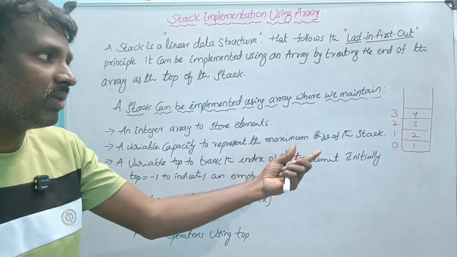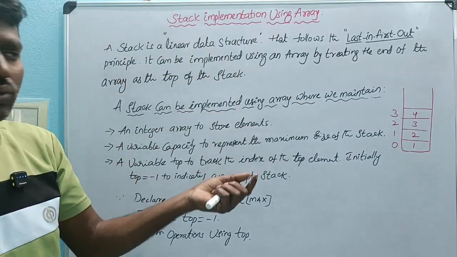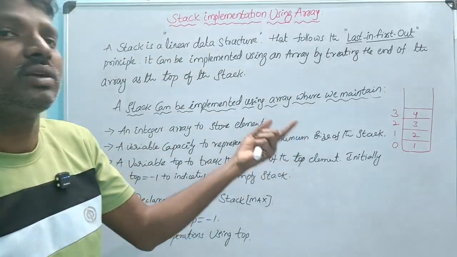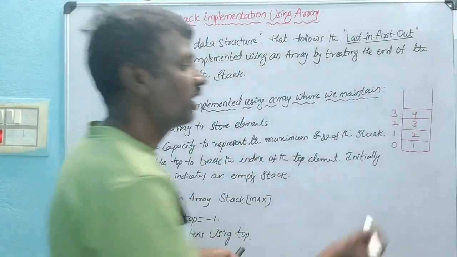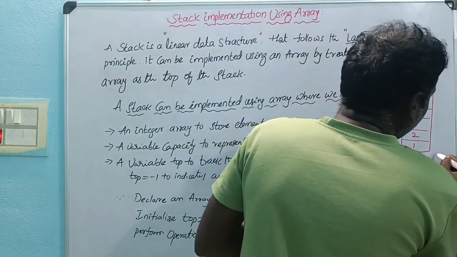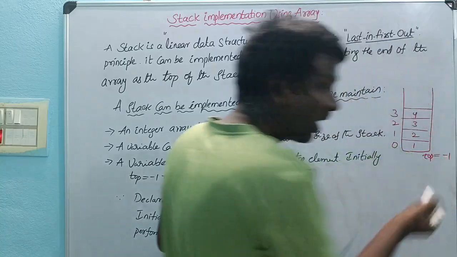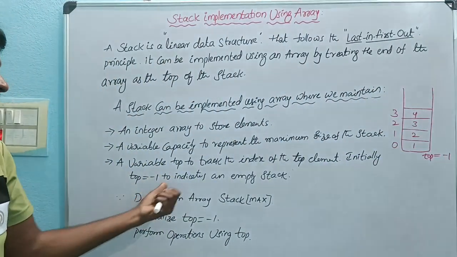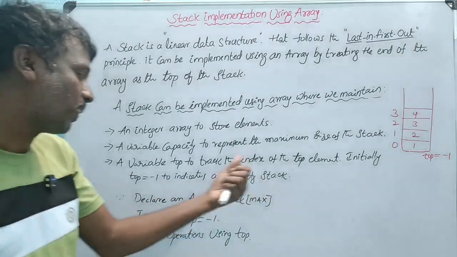If there are elements, index values are assigned starting from 0. If there are no elements in the stack, top equal to -1. At that time the stack is empty. So we initialize top to -1 to indicate an empty stack.